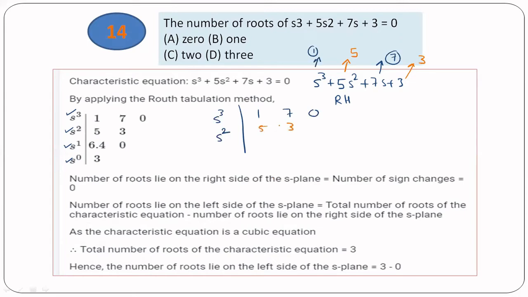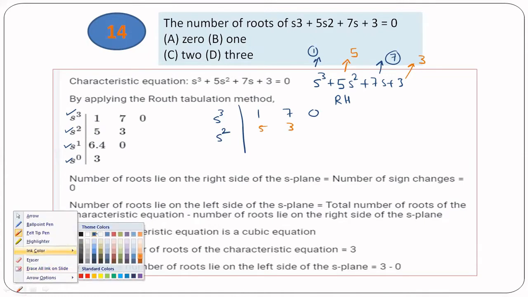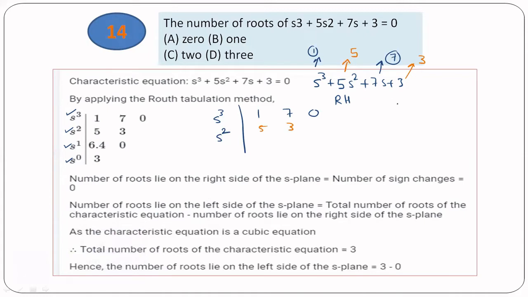Now we have to solve for this. The solution will be 7 multiplied by 5 minus 8 divided by 5. If we solve this, it will be 6.4.